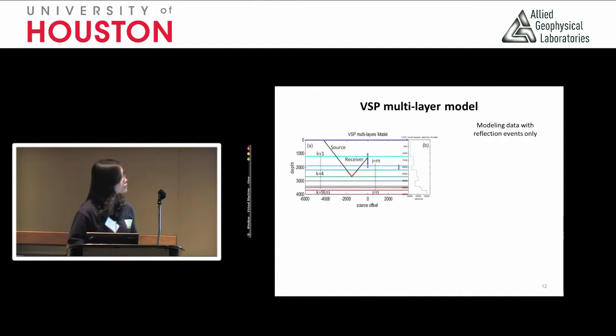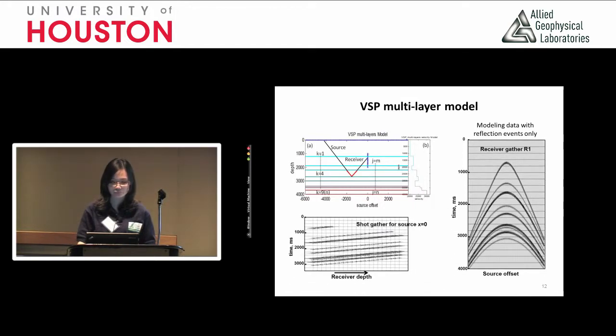For those methods, we also construct VSP multi-layer models. It's a 9-layer model, and this is the modeling data we used. I simply used only reflection events to simulate the data after the wave field separation, and this is an example of a shot gather of VSP data.